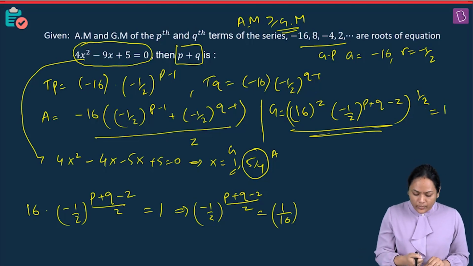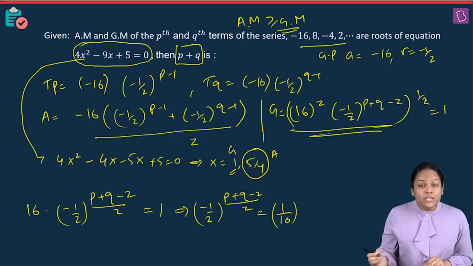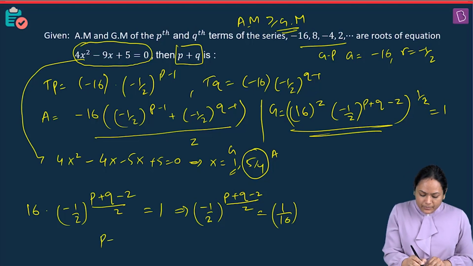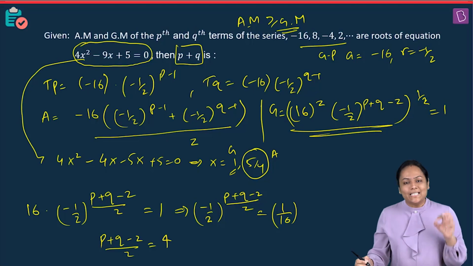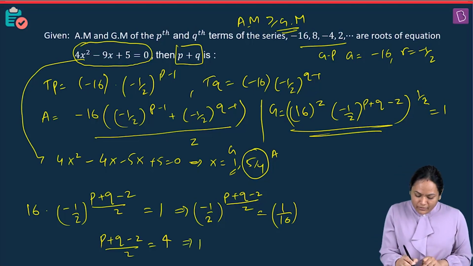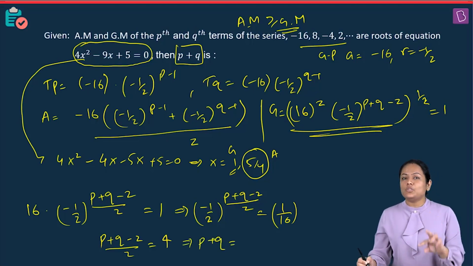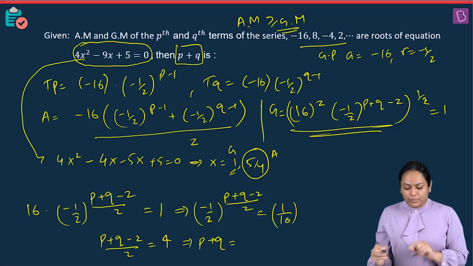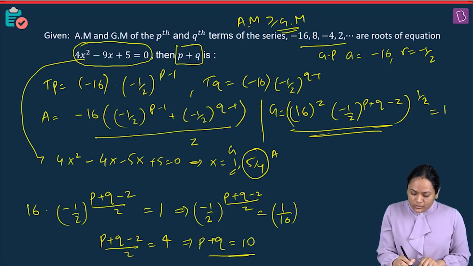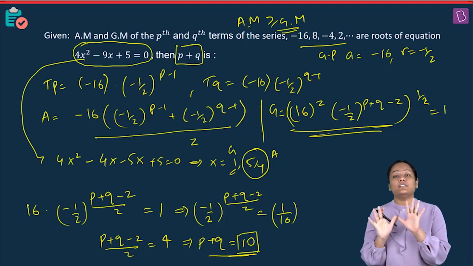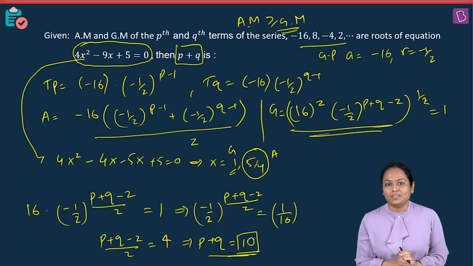And now when I equate the powers, I can clearly say that (P plus Q minus 2) by 2 should be equal to 4, right? And from here, the value of P plus Q comes out as 2 into 4, that is 8, plus 2 equal to 10. So this 10 is going to be the final answer for this question.